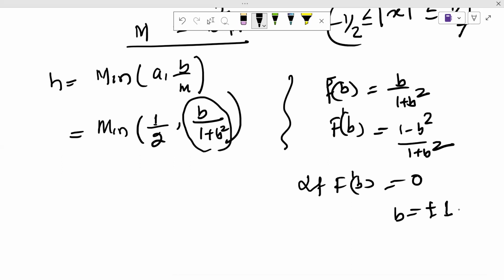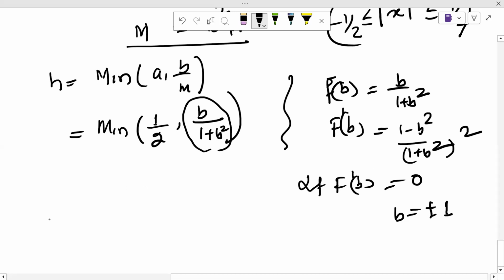But finally, you choose the positive value of the function, 1.